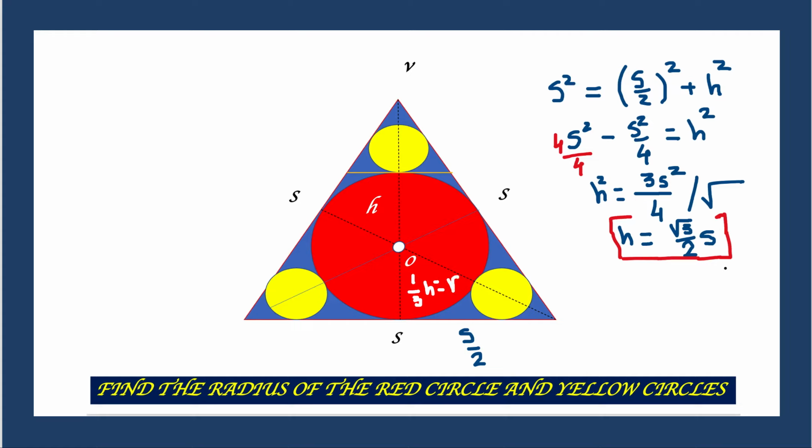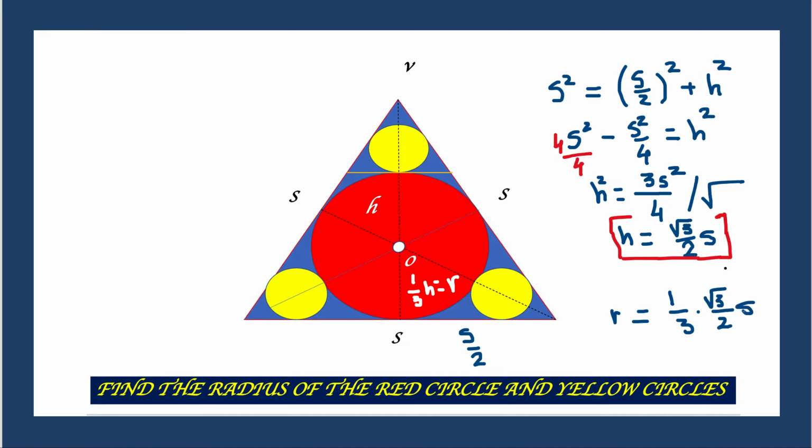So we already found the radius. Let me write here, the radius r, not h, I'm sorry. So the radius r is equal to 1 over 3 times the square root of 3 divided by 2, times s.